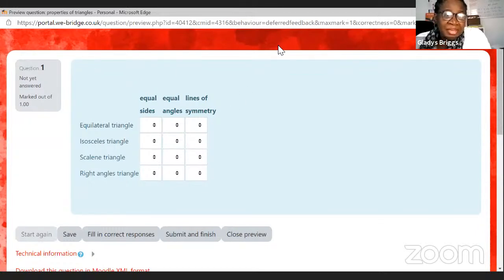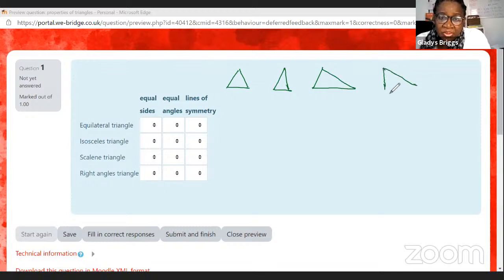You know your different types of triangles. You should know them. The equilateral one, the isosceles one, the one that has two sides equal, and scalene one has no sides equal, and a right angled one is like a scalene one, but it has one right angle.